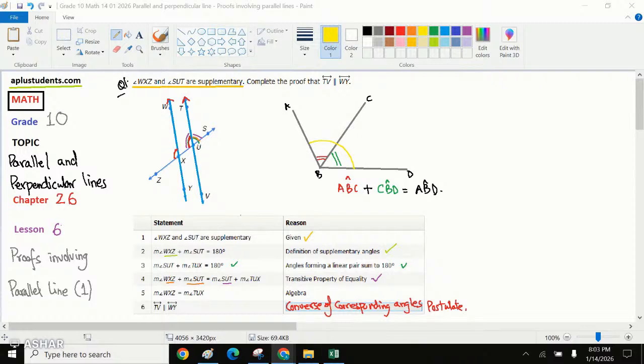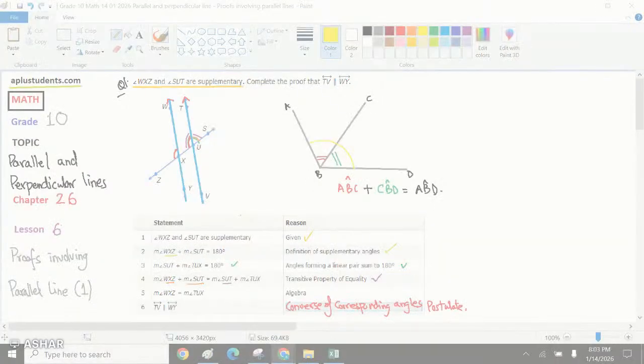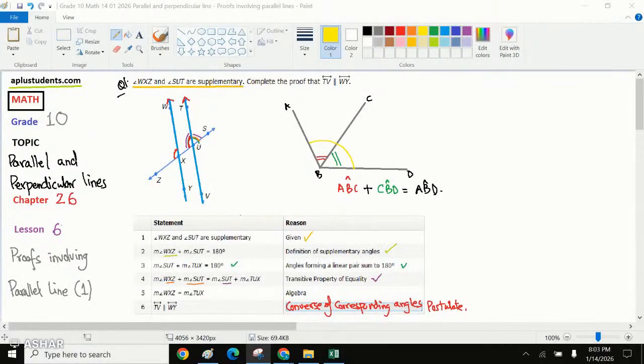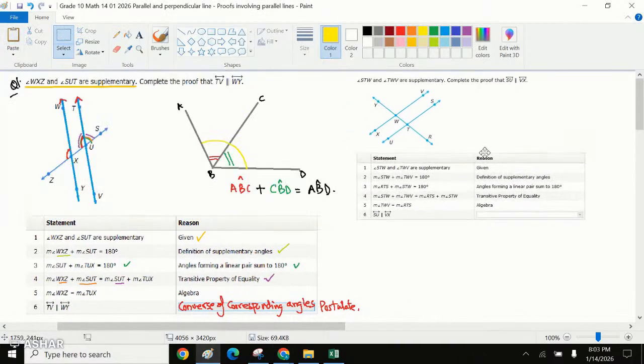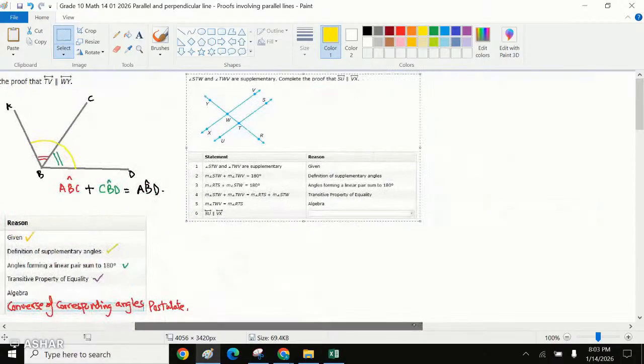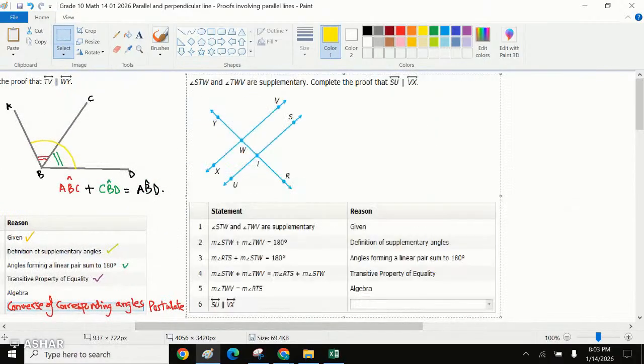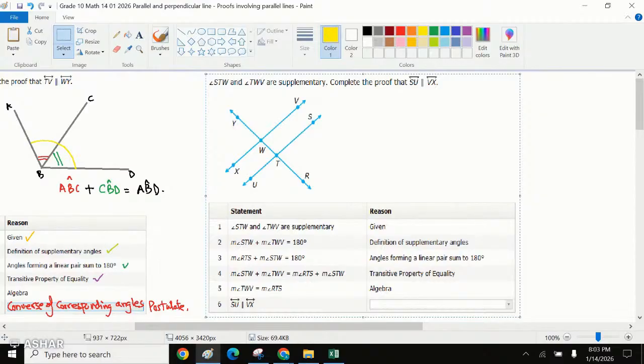Question number 2, let me just copy it for you on the screen. They are again asking us to find the given information. In question number 2, what they are asking us to do is to look at the given information and find the missing property.